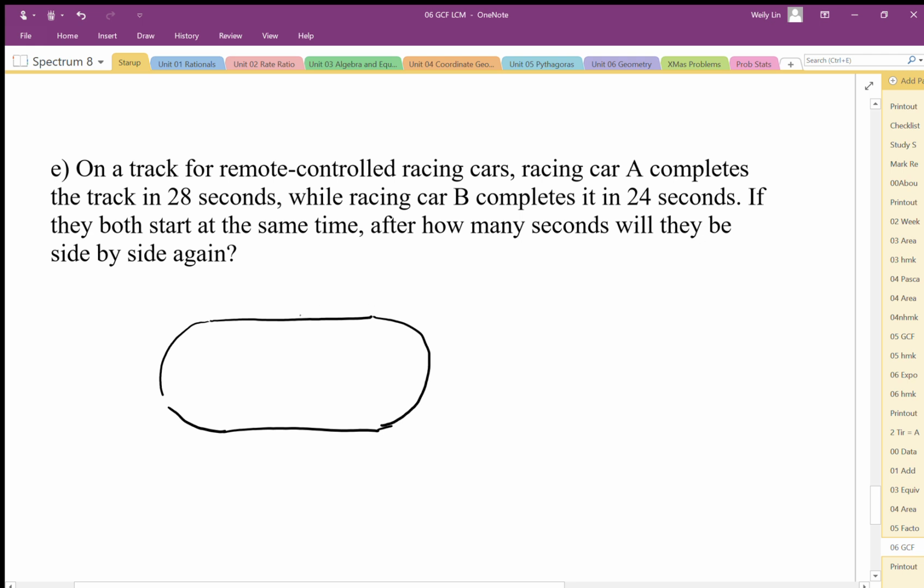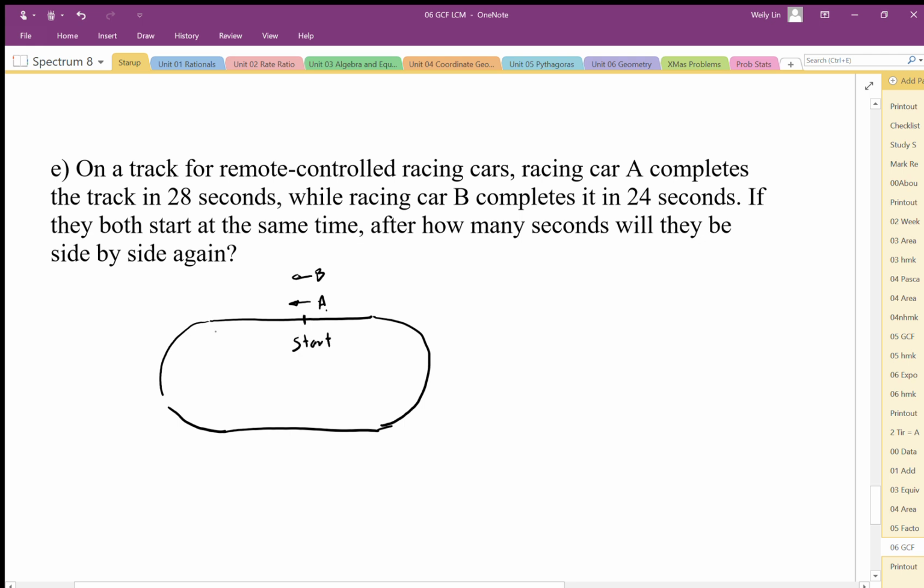We have the starting point here, and both cars, we'll call them car A and car B, are going around the track at different speeds. So when do they end up back at the start at the same time?